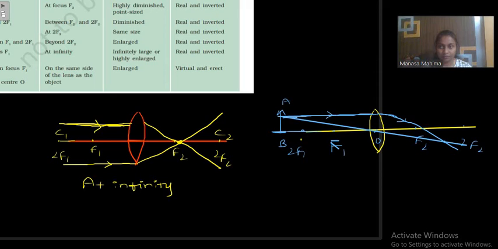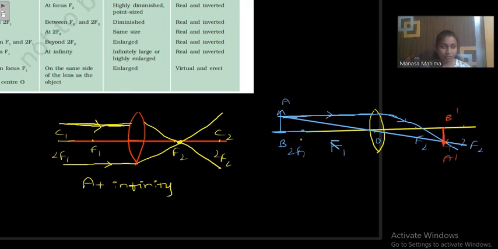I will use some other color. It is meeting here, so the image is formed here. If we look at the image, it is a diminished image, and it is real as well as inverted. It is a real and inverted image we will get.